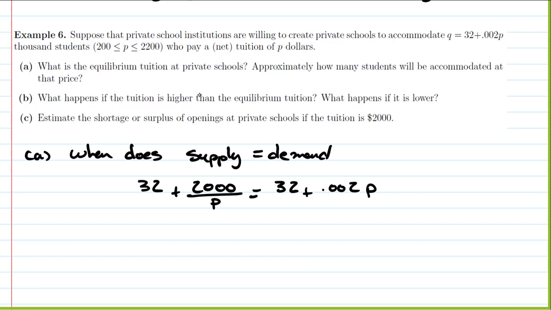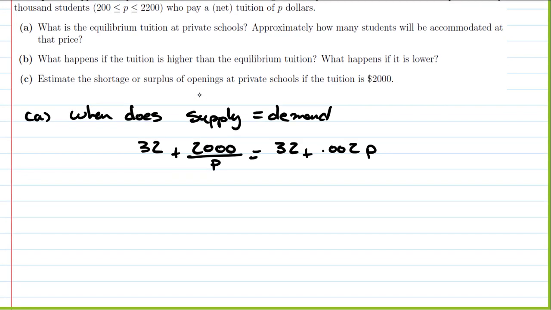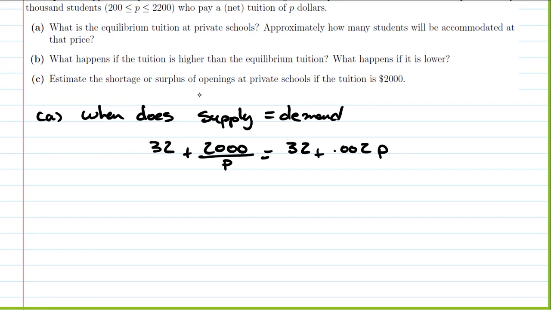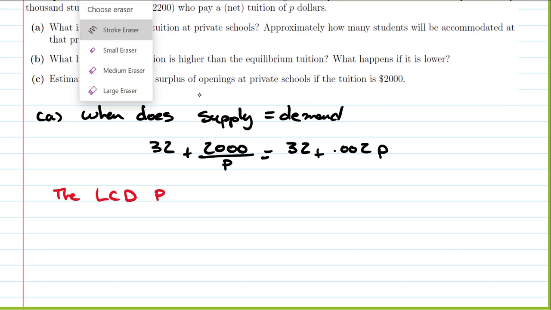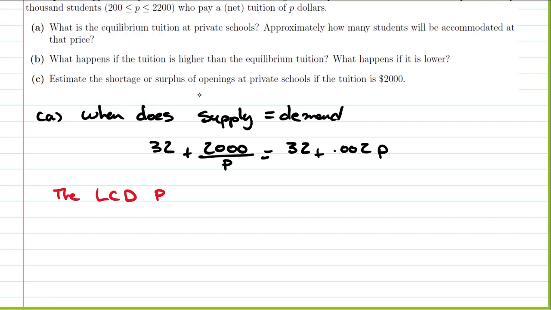So we have a rational equation, so we need to clear our fractions by multiplying by the LCD. The LCD in this case is, we only have one fraction, just p. So we clear the fractions by multiplying by p.